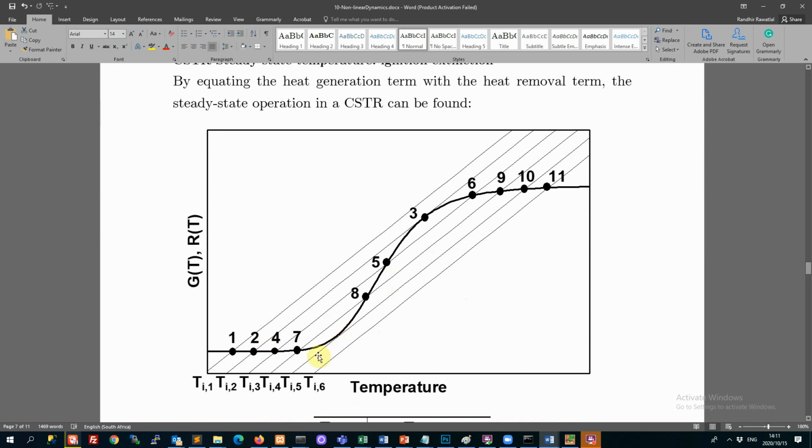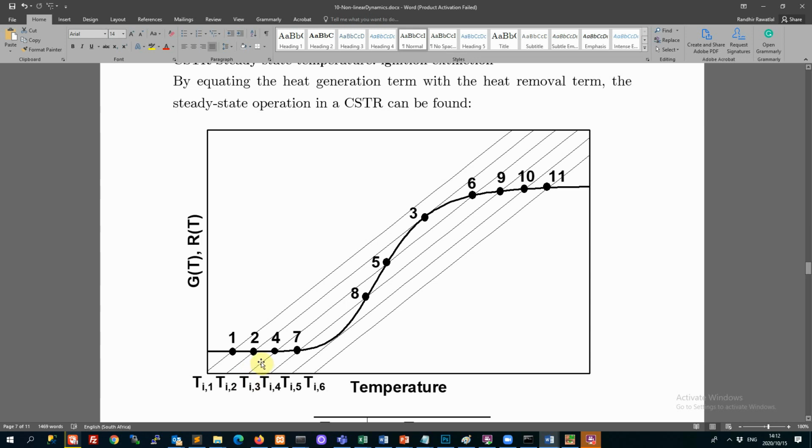So let's just take this line to begin with. Okay, let's not do that. Let's take this one where it says Ti,3. So you've chosen an inlet temperature that has that value. And now down here, let's look at the numbers.